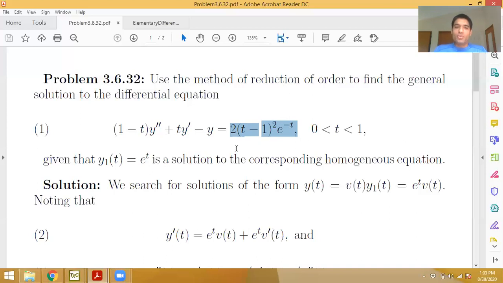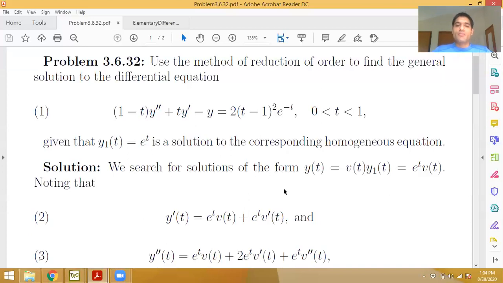And if by some magic we're able to obtain such a solution, then we can use the method of reduction of order to reduce this second order linear non-homogeneous differential equation into a first order linear non-homogeneous differential equation, and then we can just solve that using a standard method like an integrating factor. So that's what we're going to do.